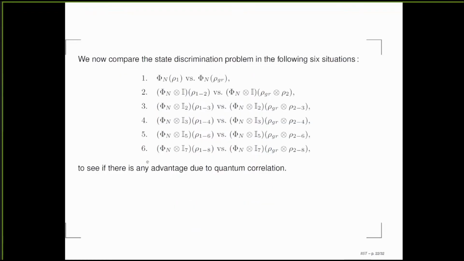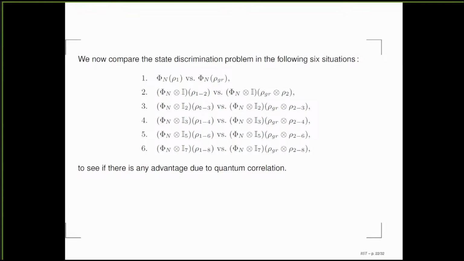So what is it that we want to do? We want to compare the following 6 situations. First, phi n of rho 1 versus rho ground, the vacuum passed through the channel; that means you take only the first mode of the 8-mode state. Then you take rho 1, 2, phi n tensor I acting on the first mode of rho 1, 2, and compare it with phi n tensor I acting on rho ground tensor rho 2.